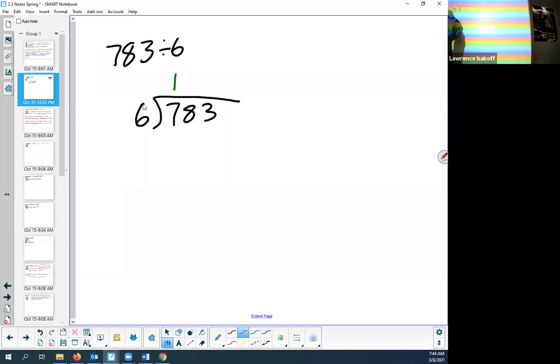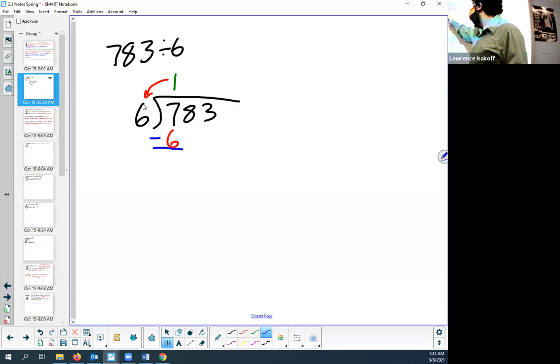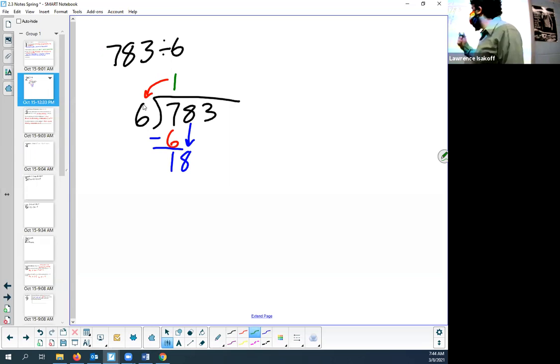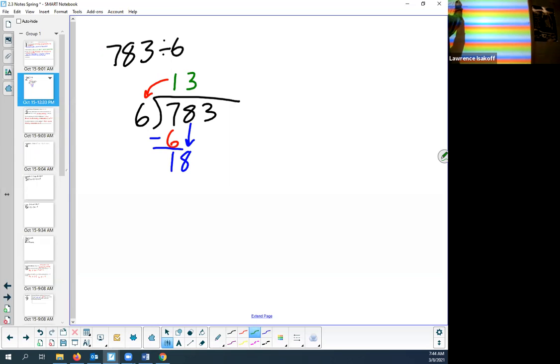Then I do 1 times 6, that's 6, and then we subtract these. 7 minus 6 is 1. Bring down the next number, an 8. How many times does 6 go into 18? 3 times, good. 6 times 3 is 18.